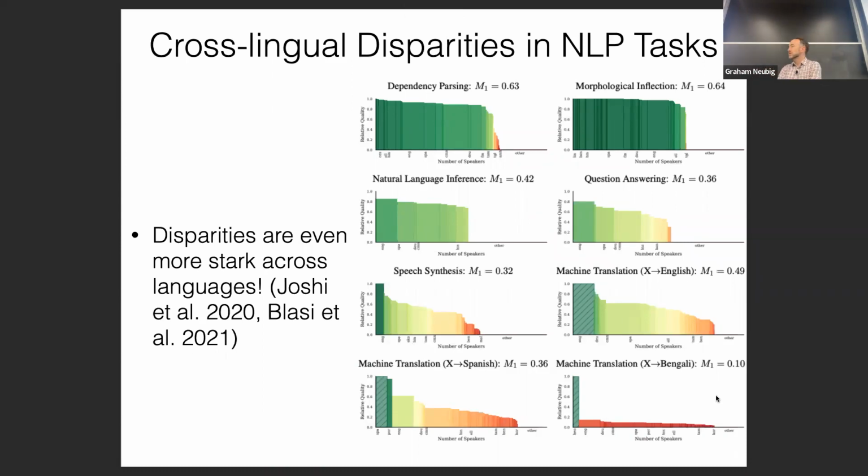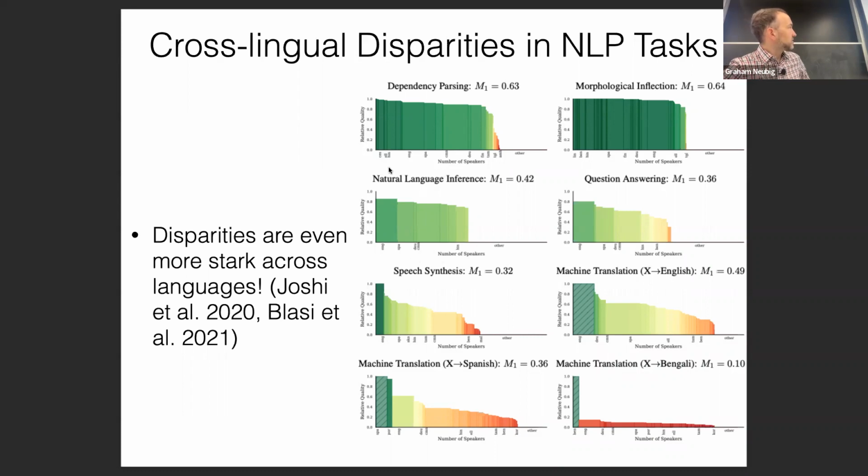So this was discussing differences based on what, quote unquote, language people are speaking. We can also measure it across languages. These plots are from a paper that some co-authors and I wrote, where we examined the disparities across NLP tasks.